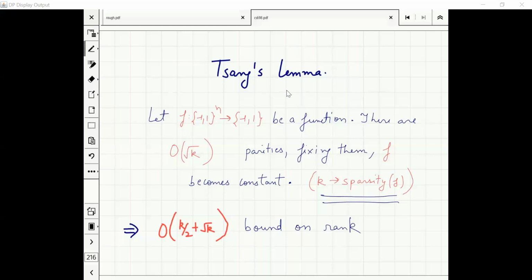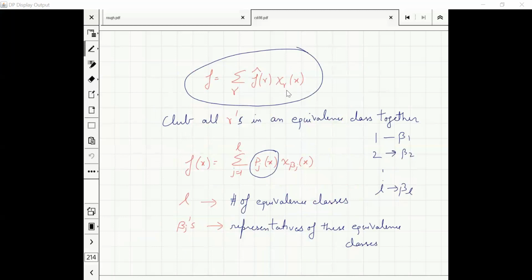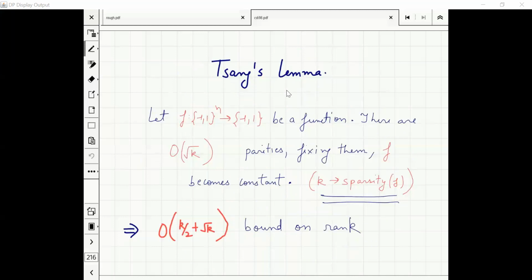For example, look at the majority. You remember the majority function which we started with? We set x1, x2 equal to -1, right? From that, the coefficient of x1 and x2 both got cancelled out.